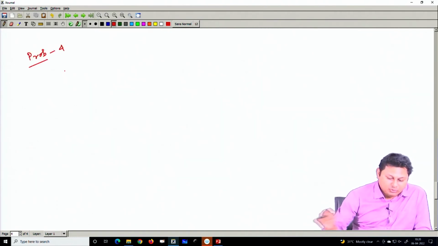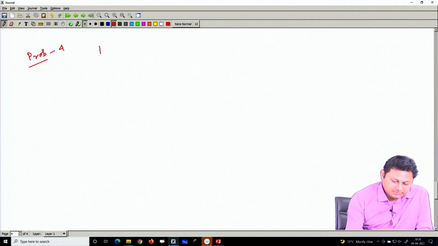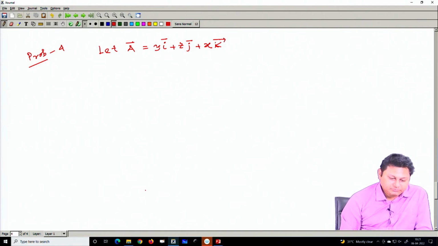And problem number 4 is this. Let A be equal to y i plus z j plus x k. A vector field is given in this way.